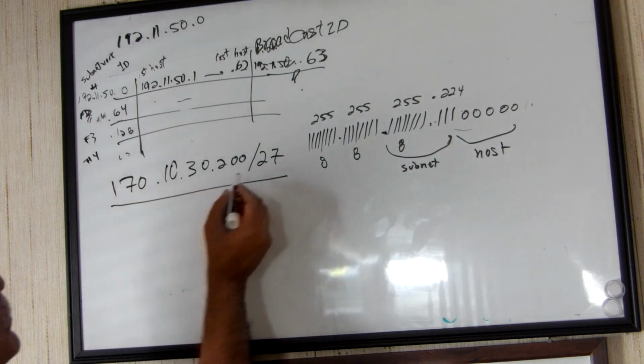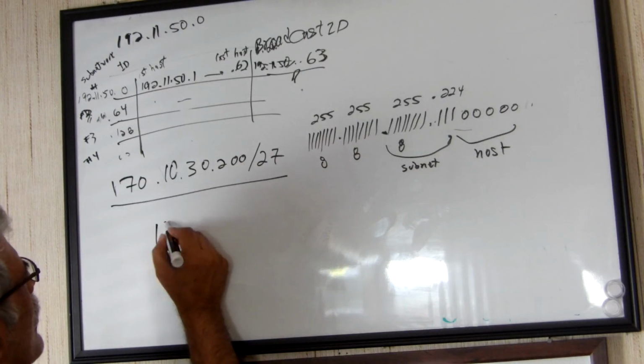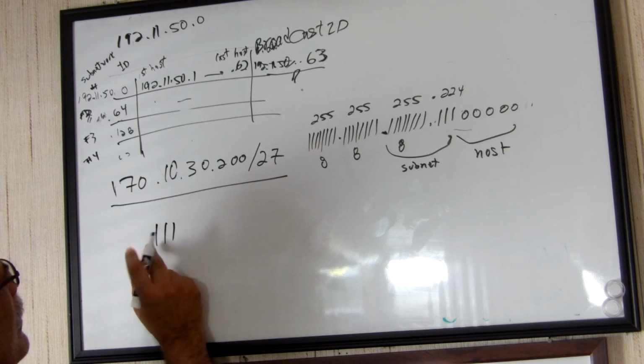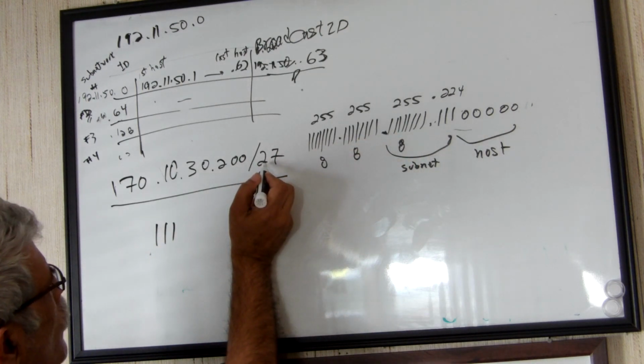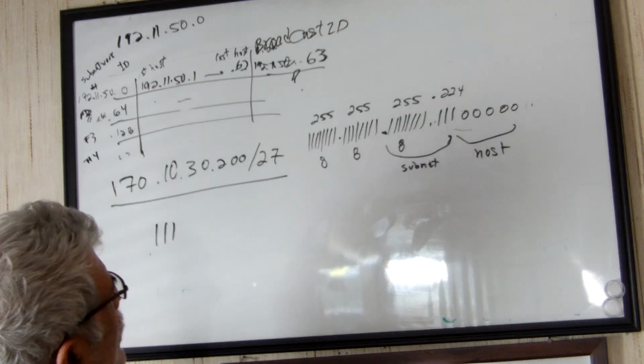So what you do, you say 27. 27 is what? It falls in the 4th octet.